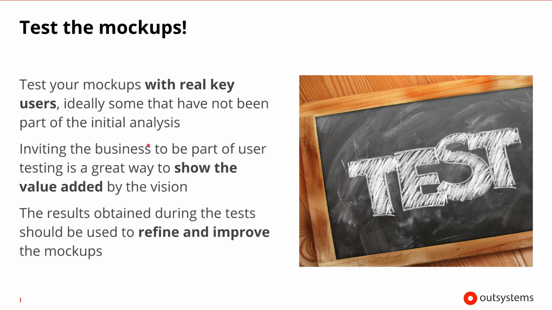Being part of the user tests is a great way to show other parts of the business the value of the user experience process. We also want to use results to improve the mockups. Sometimes it's at this stage that different issues are raised or important details are identified and can be understood better. So testing mockups with users will actually improve our analysis.